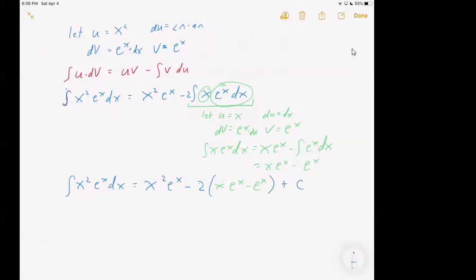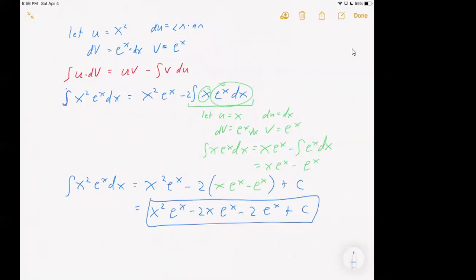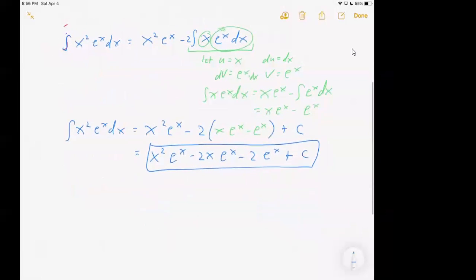Let's see if anything simplifies. Doesn't look like it does, but we can at least distribute that minus 2. So I get x squared e to the x minus 2x e to the x minus 2 e to the x plus c. So there is the answer. We will check this answer because it got a little bit longer, and we want to move on to another problem.